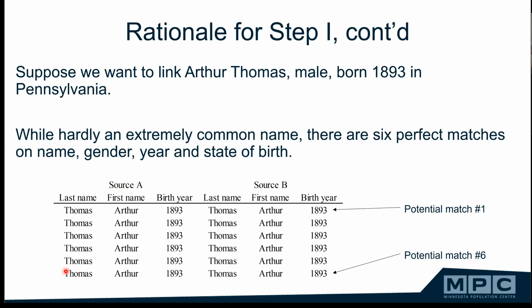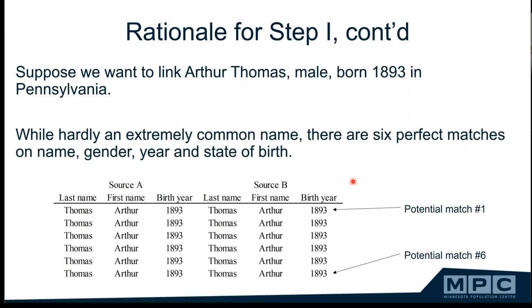So this Thomas Arthur is linked to 6 individuals in source B, the census 10 years later, where the names are exactly the same. So these are 6 different individuals named Thomas Arthur who were born in 1893. This is how the data looks once we've created our universe of potential matches.